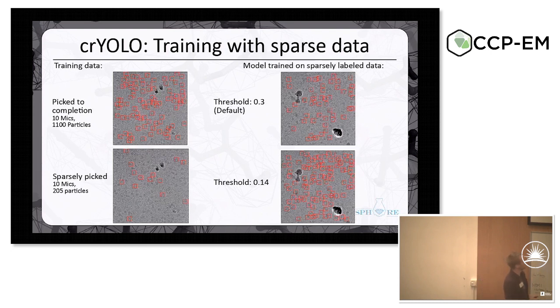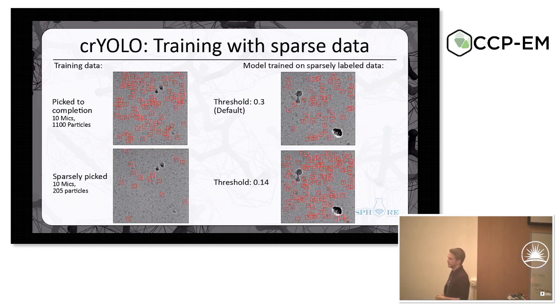To illustrate this, I took our TcdA1 toxin data set, which consists of 10 micrographs with 1,100 particles labeled. And then I removed 80% of the particles. What is left are 205 particles on 10 micrographs.